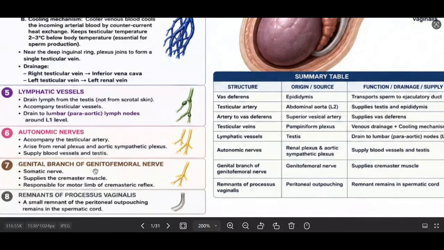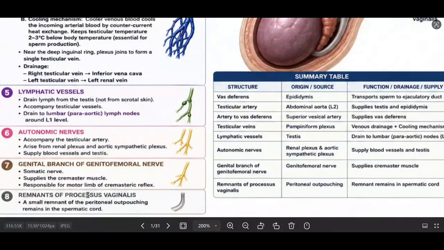Now the eighth structure that is finally going to pass into the spermatic cord is the remnants of the processus vaginalis. What is the processus vaginalis? We have already studied this in great detail in the previous lecture on inguinal canal development: the processus vaginalis is an embryological outpouching of the peritoneum, and in embryological life it guides the testes for descending into the scrotum.